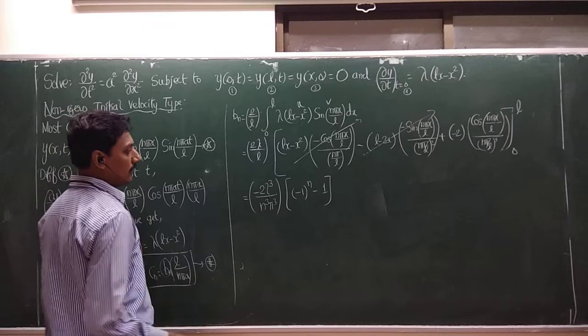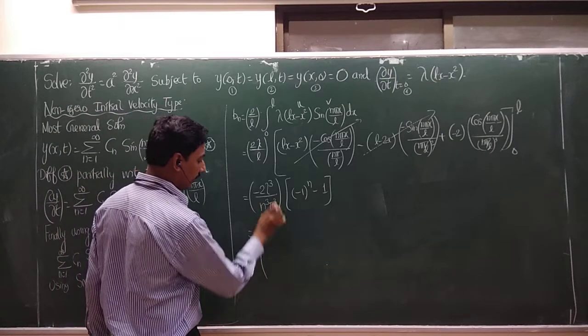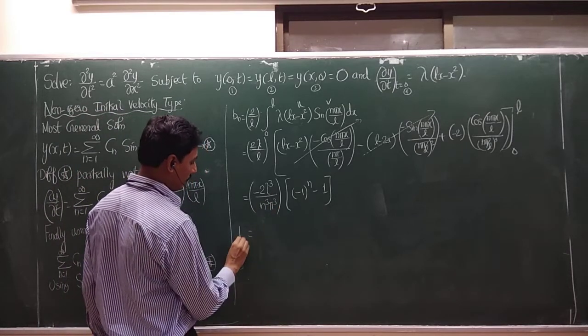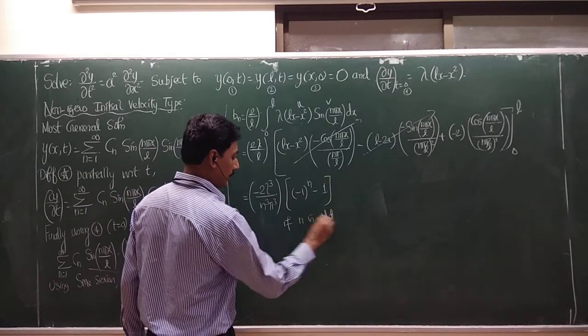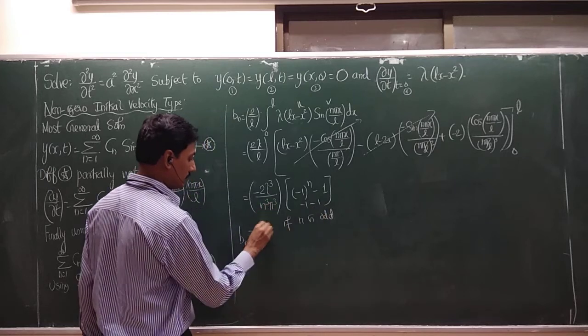Once the two terms look like this, we decide whether n is odd or even. If n is odd, this becomes −1 − 1, which is −2, and with the minus sign it becomes plus.